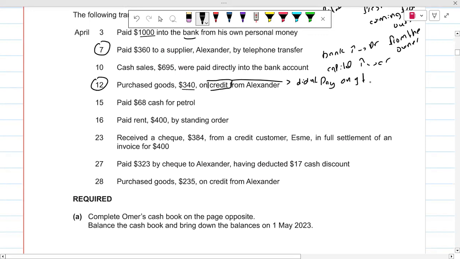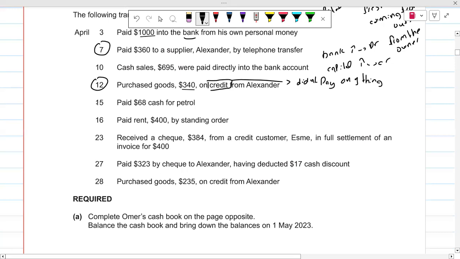Therefore we will not record this entry in the cash book, because we only include transactions occurring in the form of cash, bank or cheque. Cash book is a prime book.